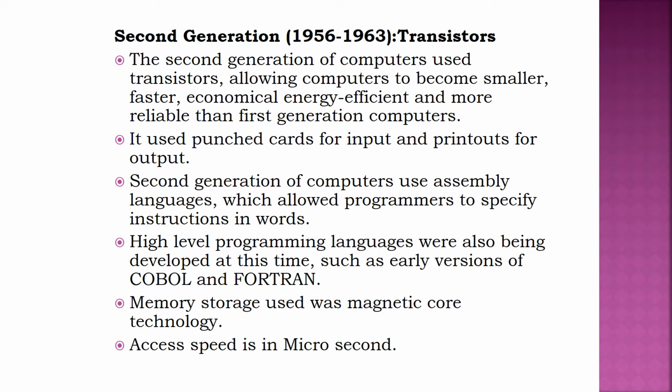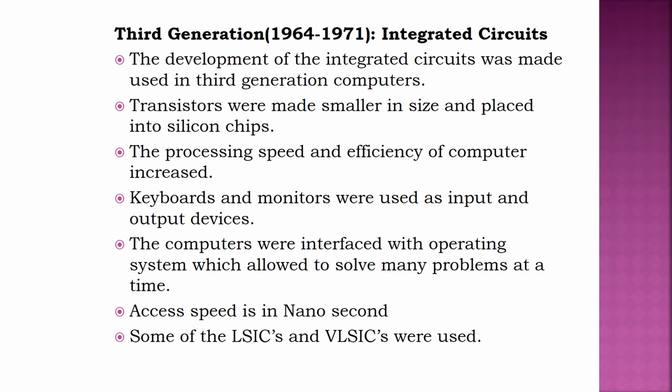We shall move to the third generation. The third generation started in the year 1964 and ran to 1971. The development of the integrated circuit was used in third generation computers.